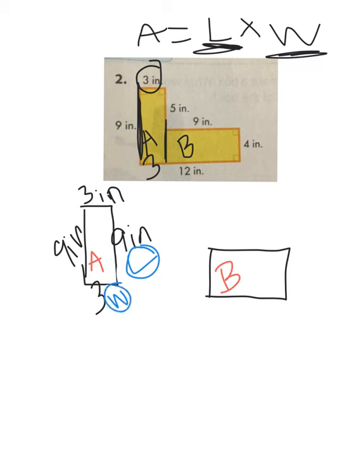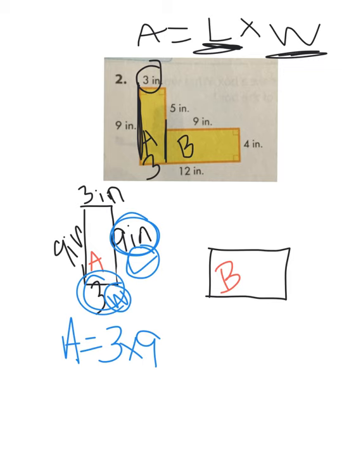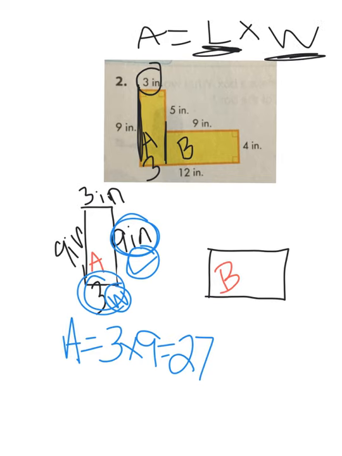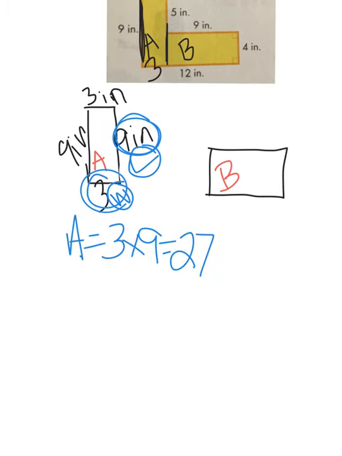So if we plug the formula into this one, area equals 3 times 9, because I'm multiplying those two numbers. And that equals, easy, 27. Now, because we're measuring, that means that every number has to be tied to a measurement. And when we deal with area, our measurements are always going to be in square whatever it is we're doing.